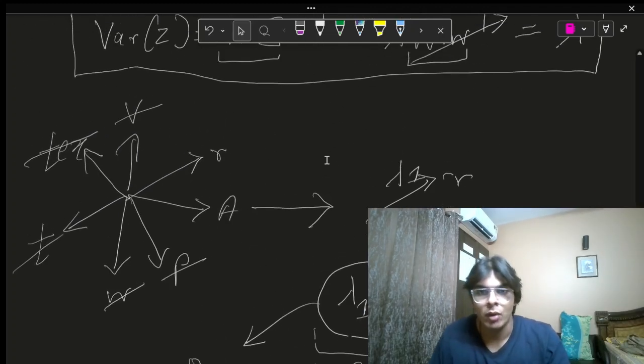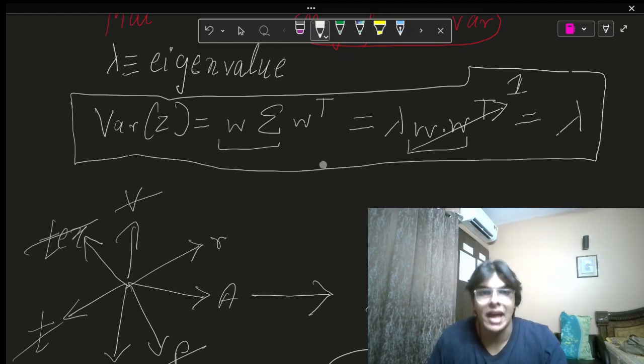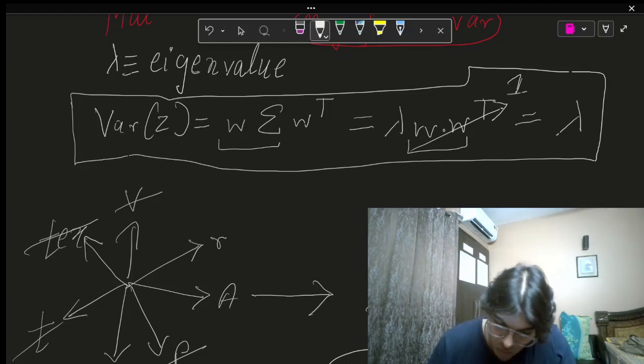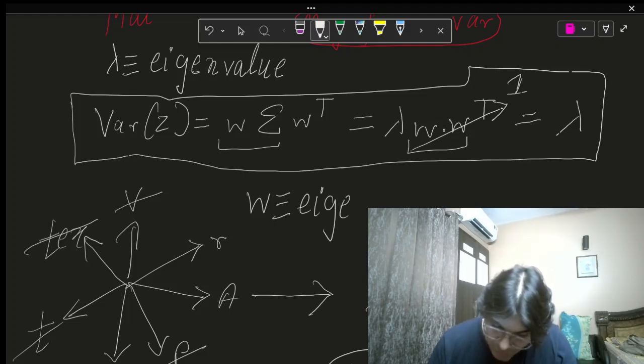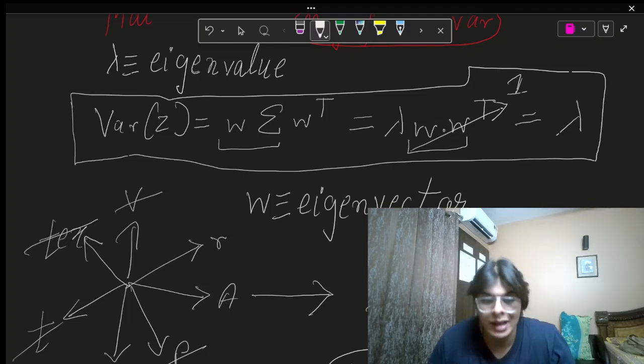Very important thing, one more thing: the w vector, which basically represents the direction of the maximum variance, is called the eigenvector. I'll repeat again, I have got an article linked in the description regarding eigenvectors and eigenvalues. They are very fundamental concepts of linear algebra, and they are very related to this PCA that we just studied. If you are hearing about them for the first time, don't worry, they're very easy to understand.